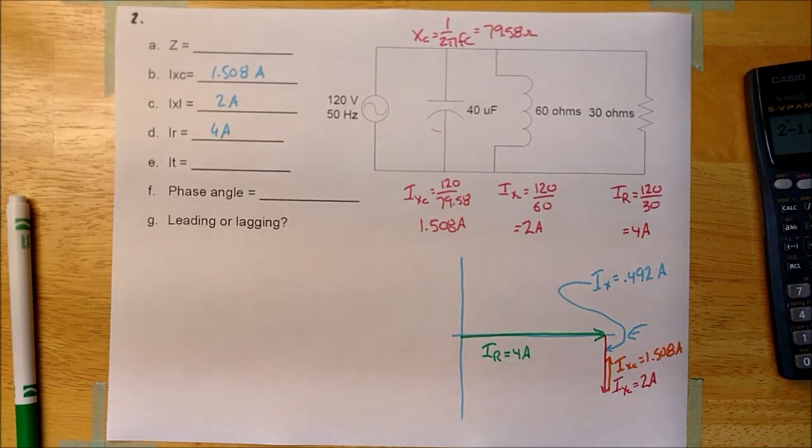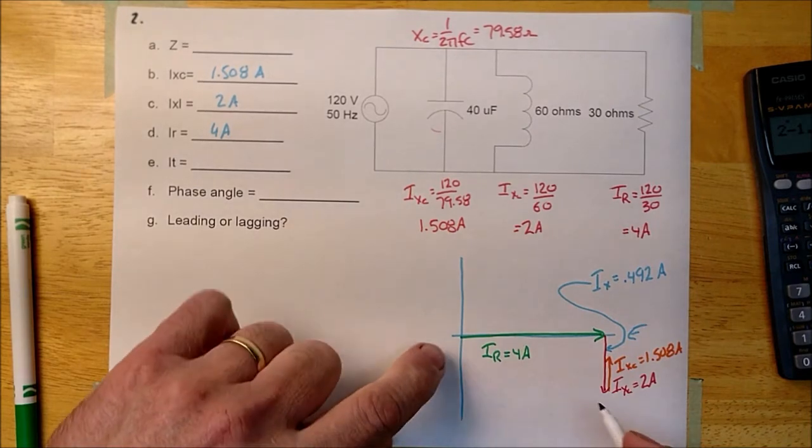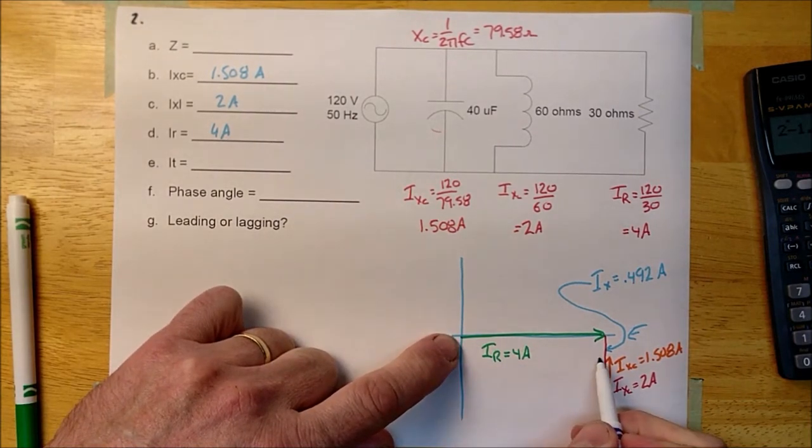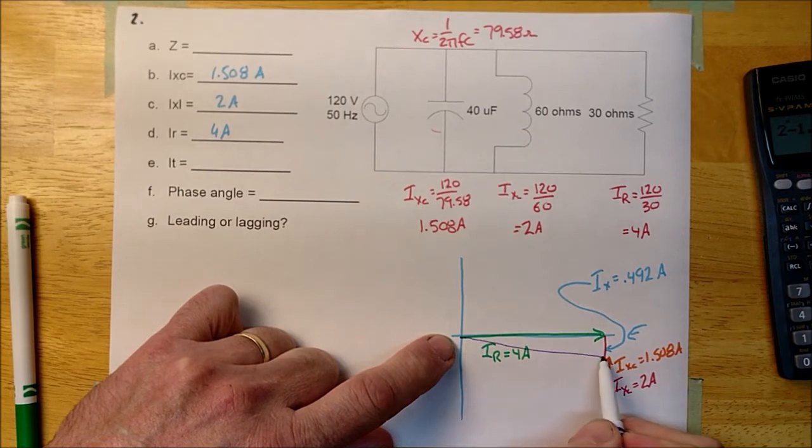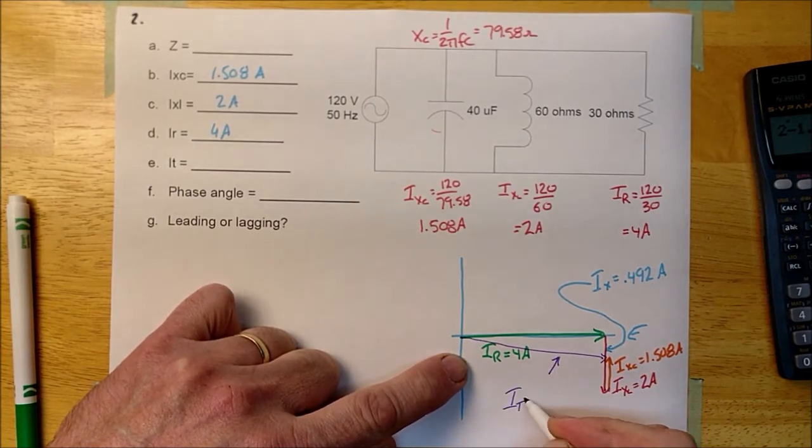And I'm going to get the purple marker out. I haven't had that one out yet. Let's try that. The resultant, a line that starts here, ends at the end of the last one. So there it is. That there is I total for this circuit.